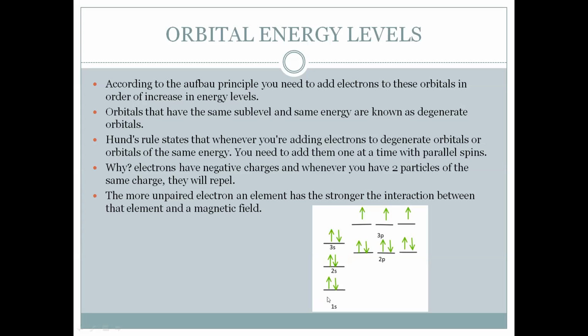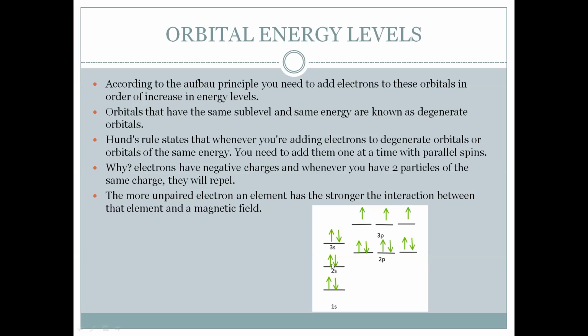Now, to put that in simple words, kailangan mo munang ma-occupy lahat ng space sa pinakamababang sublevel before you move on to the next one. That is why we have our 1s and 2s filled.